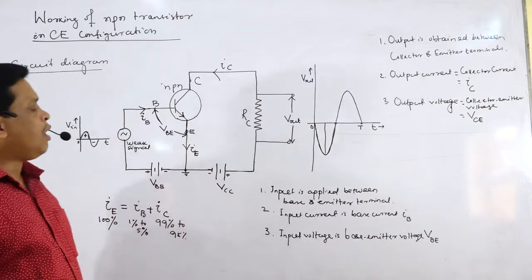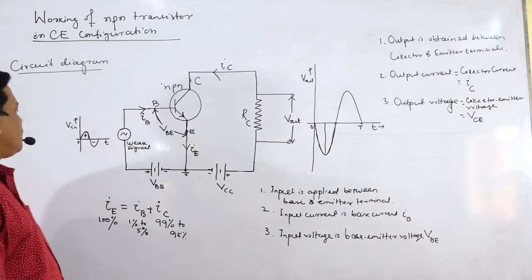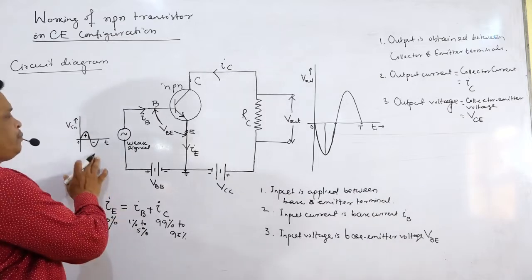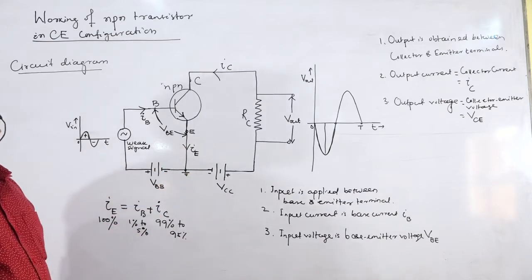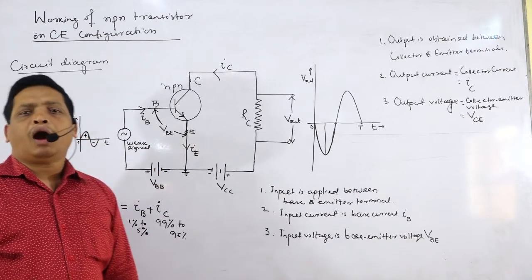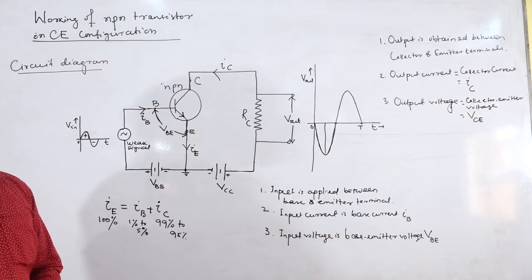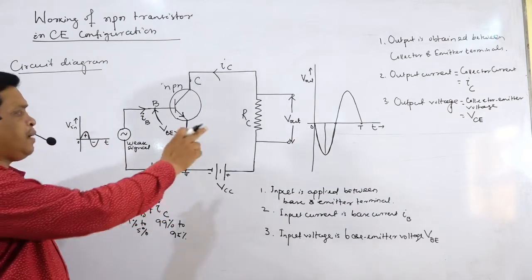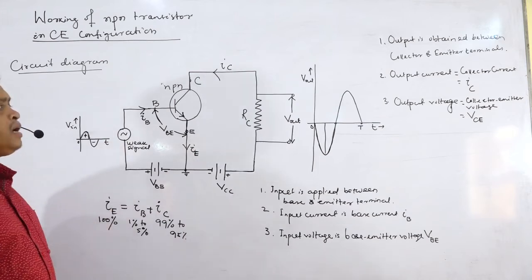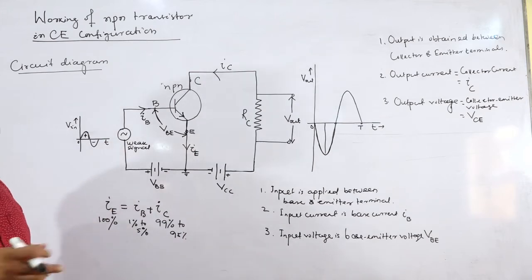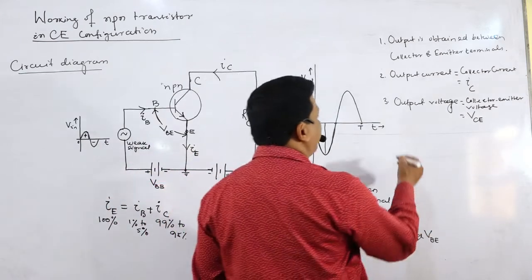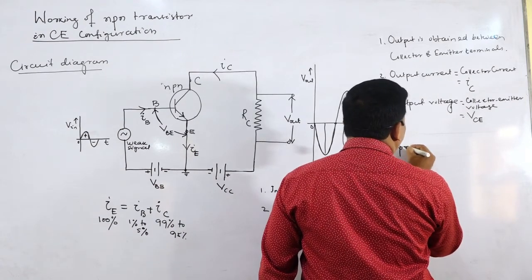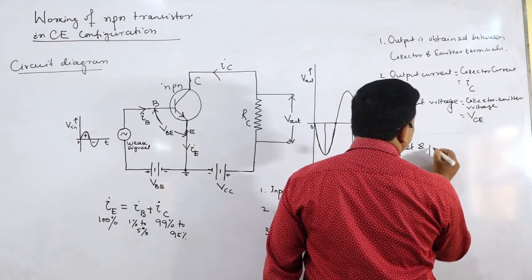Okay, now you compare the input and output. Both input and output are sinusoidal. The shape of the output voltage is same as the input voltage. Input and output voltages are sinusoidal.